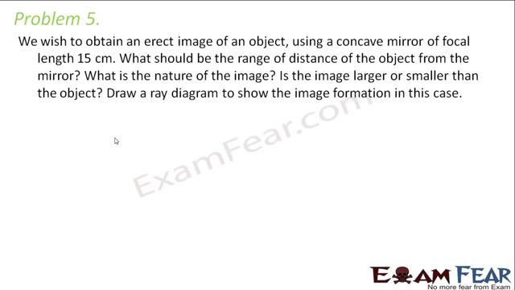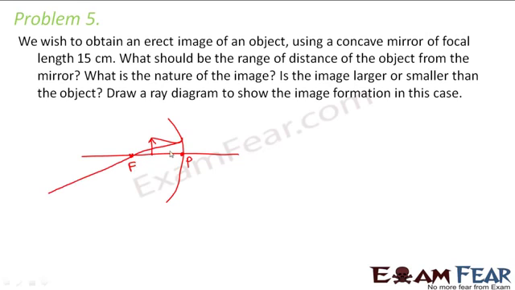We saw that when the object was placed very close to the concave mirror, that means when the object was placed between the pole and principal focus, only then we got a virtual and erect image, because in that case something like this happened and these two rays met at this point, and so we got a virtual and erect image.